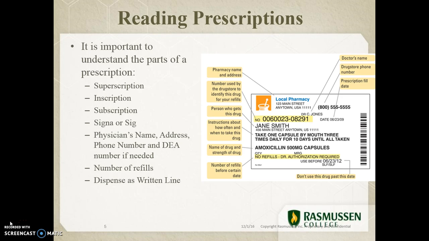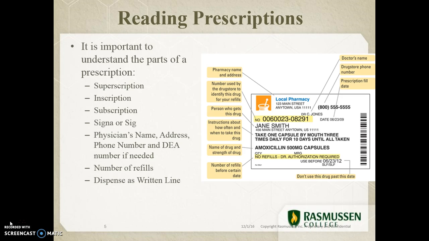It's important to understand the parts of a prescription, such as a superscription, inscription, subscription, sig or signia, and then the physician's address, name, phone number, and DEA number, as well as the number of refills and the dispense as written line. So let's look at some of these a little bit closer.